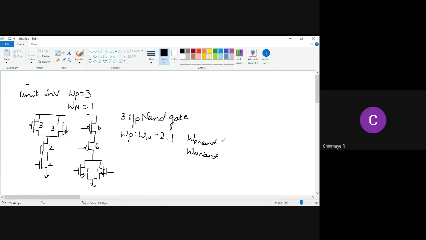If the unit inverter is 2:1, tell me what will be WP NAND and WN NAND. WN is 3. WP is 2. Is this right?